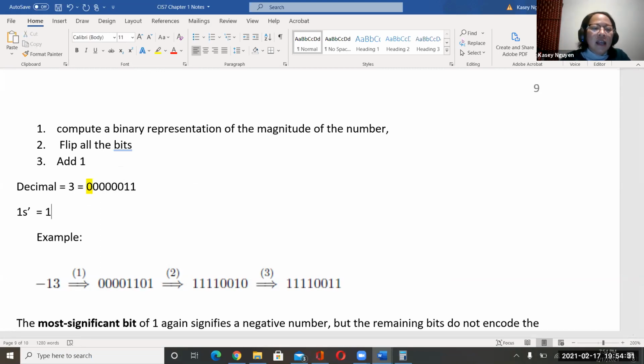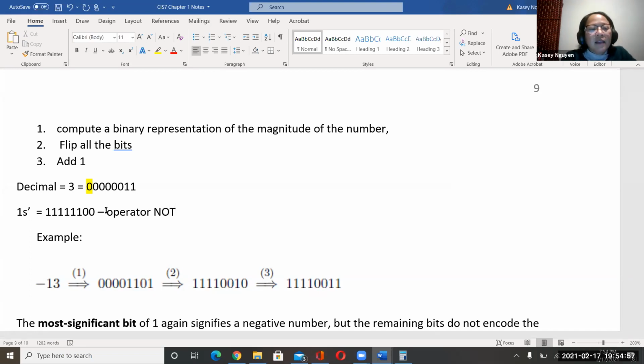And then again, the next 0 and the next 0 and the next 0. And the last 2, because they're ones, they're going to become 0. So when we say flip the bits, all it is is that it uses the operator NOT.